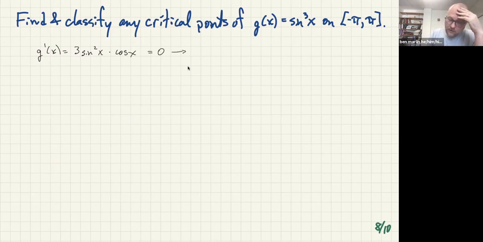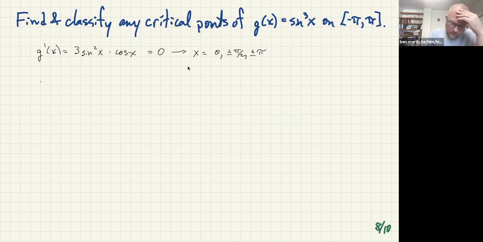Now, fortunately, we did that on a previous problem. And so 0, pi over 2, and pi were the things we were getting between 0 and pi. But it's going to turn out that since we're doing minus pi to pi, we can just say plus or minus on these, because of the way those are set up, okay?